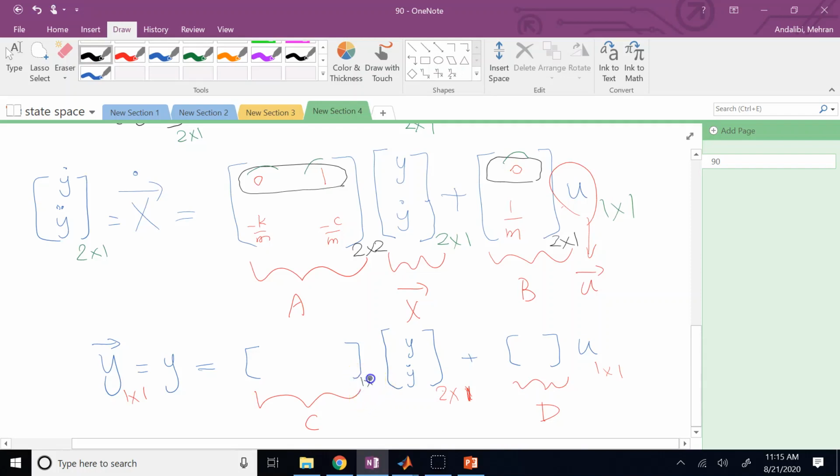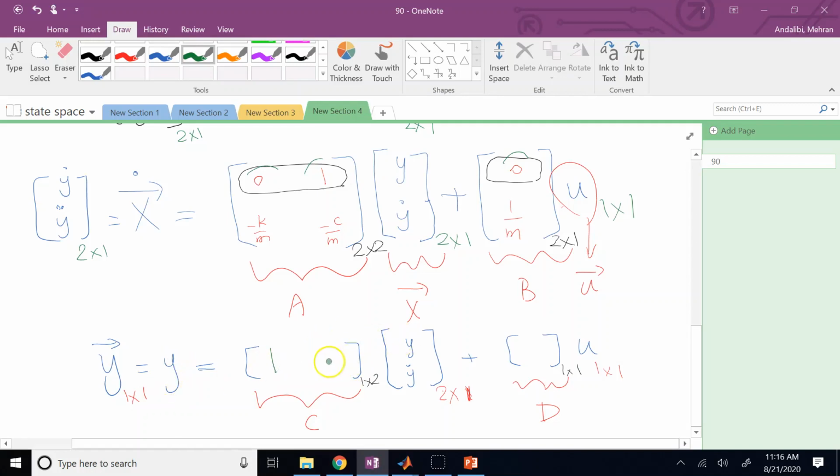Clearly, it's a 1 by 2. And what would you multiply by 1 by 1 to get another 1 by 1? Of course, a 1 by 1. So what should I multiply by this, and then what should I multiply u by to simply get y? Well, of course, I need to multiply a 1 times y.